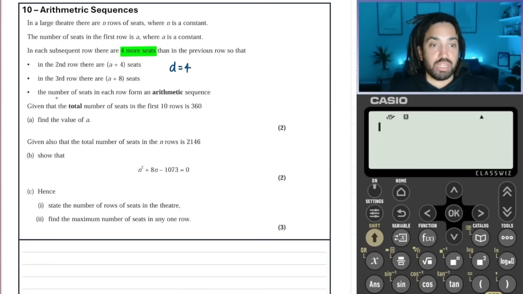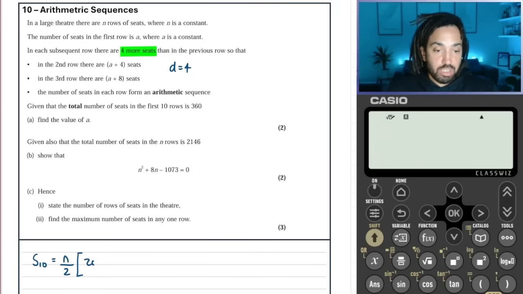So d is equal to 4, and a is the first row, which is the first term, so a is just a. The number of seats in each row form an arithmetic sequence, given that the total number of seats in the first 10 rows is 360. Well, that means that the summation of the first 10, so S10, is equal to 360, but we also know from our formula that it's equal to n over 2, 2a plus n minus 1 d.